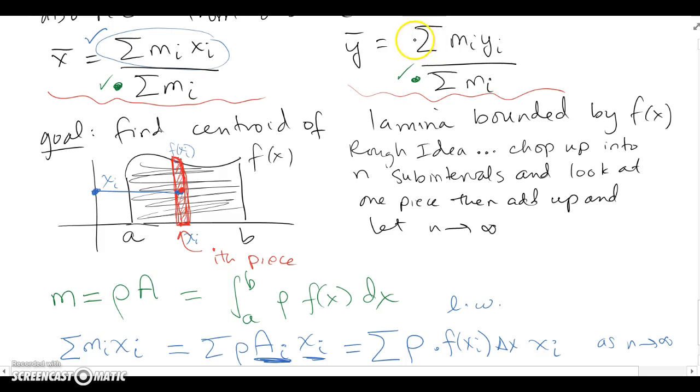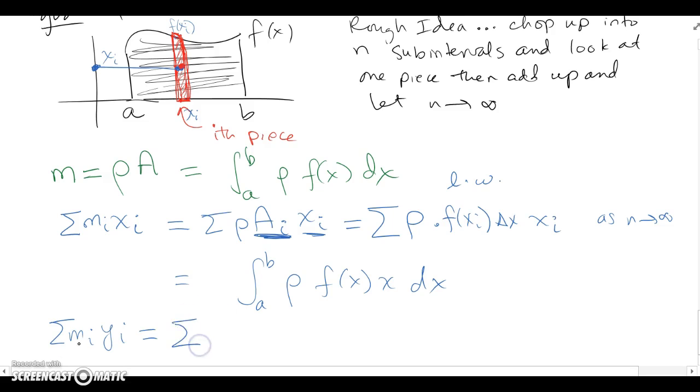So now I'm looking at the sum of mi yi to see what I can figure out from my picture here. Again, the mass of that one piece in the ith location is the uniform density times the area of that one piece, which I already know from before.